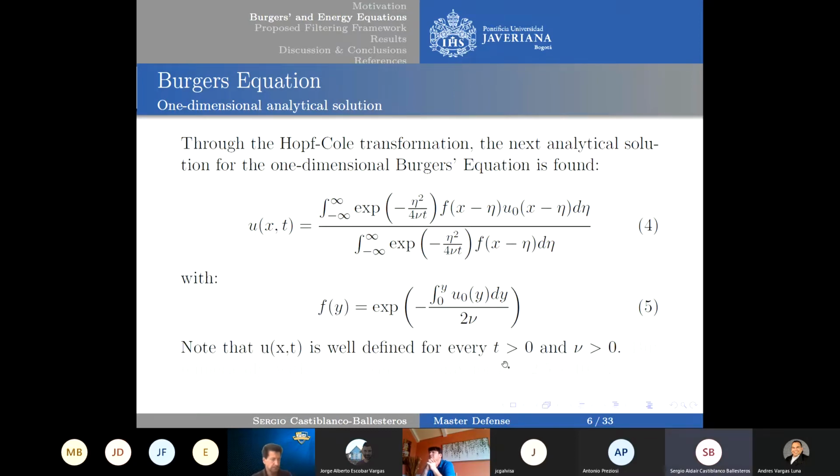But when computing the integrals involved, they must be solved numerically. I'm using a Gauss quadrature with about 2048 nodes. But some underflow problems arise when multiplying these functions. So computationally, it can be solved only for viscosities greater than 2.5 times 10 to the minus 4, approximately.